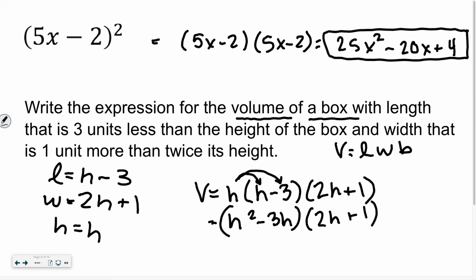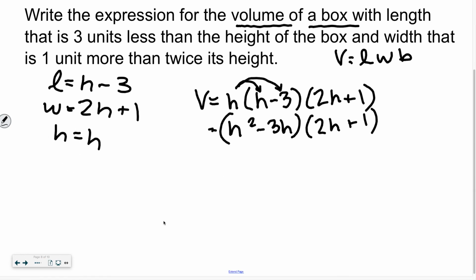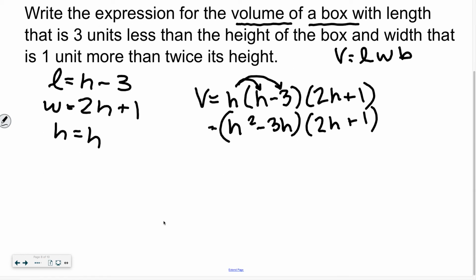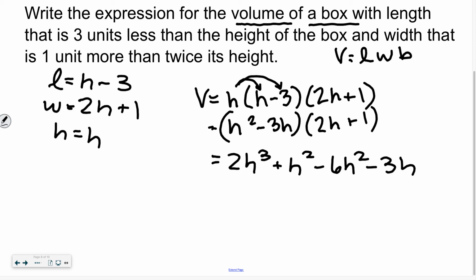You can only multiply 2 at a time, and then multiply by the third one. That's going to be 2h cubed plus h squared minus 6h squared minus 3h. So 2h cubed minus 5h squared minus 3h.